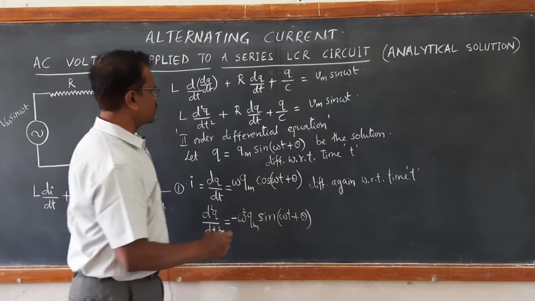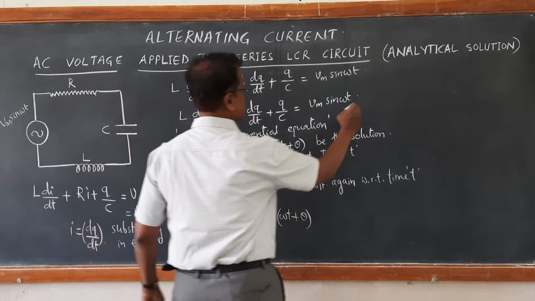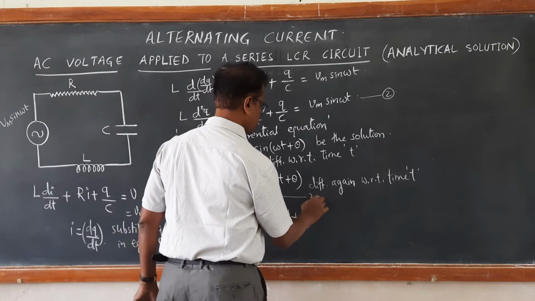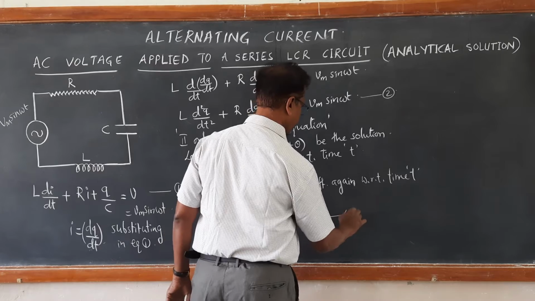So this you can call equation number 1, this is equation number 2, equation number 3, and this one 4.